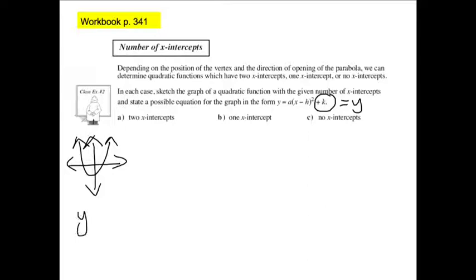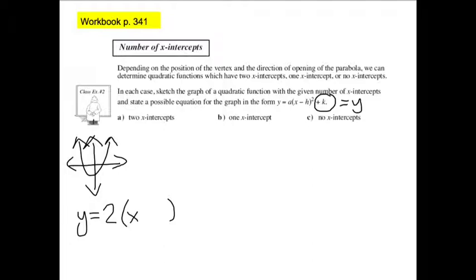Now, using the general equation, we're going to replace the A with something positive. It doesn't matter what it is. It could be 1, 2, 3, 50, 100,000, doesn't matter. But in this case, I'm just going to keep it simple. Let's make it 2. It just has to be positive. And in brackets, we've got x minus something or other. It doesn't really matter for the h, because that's just going to affect where it sits along the x-axis.